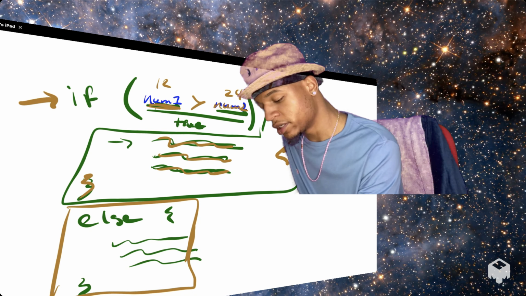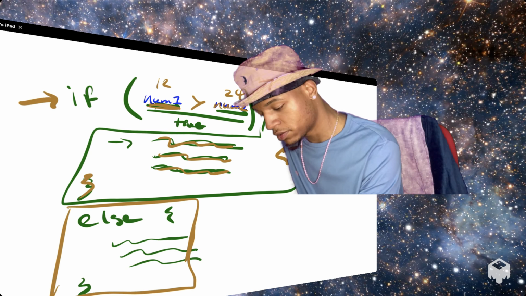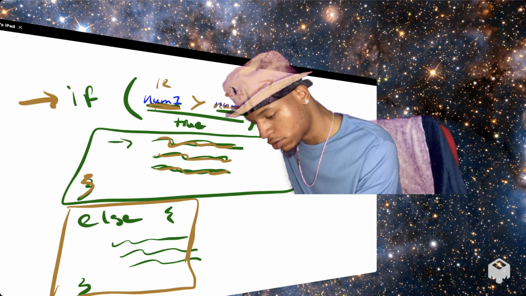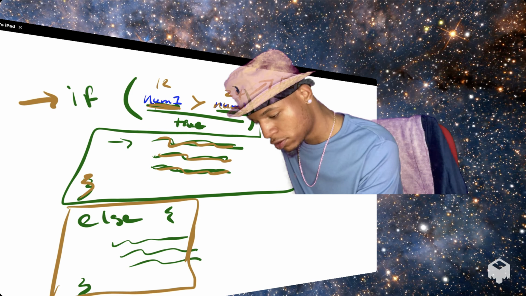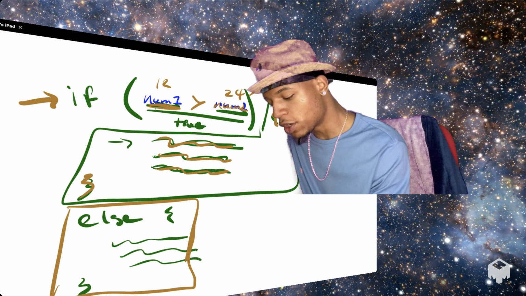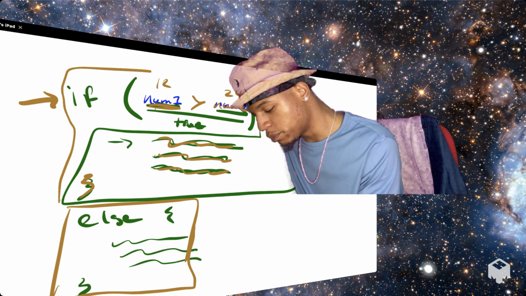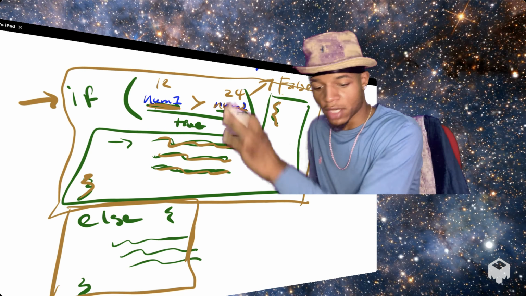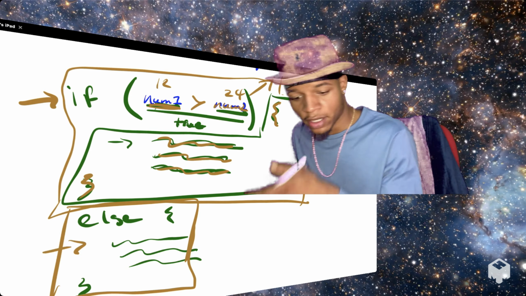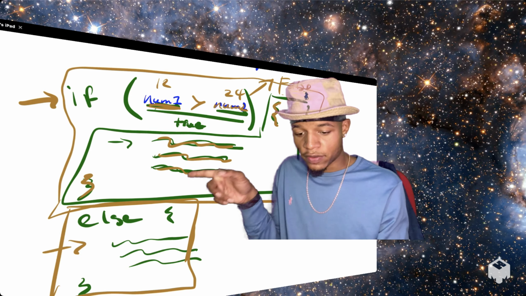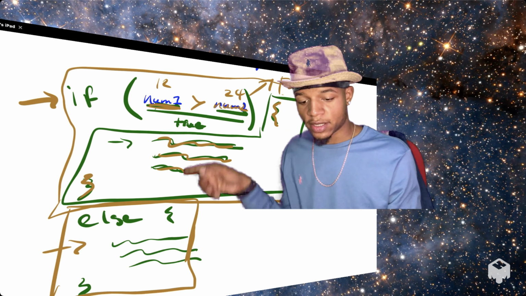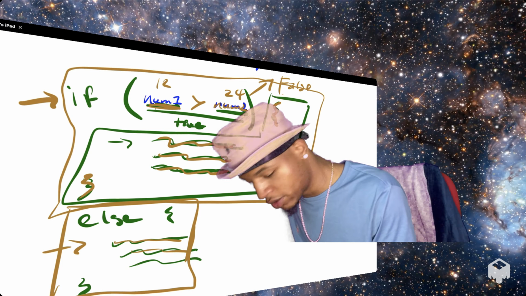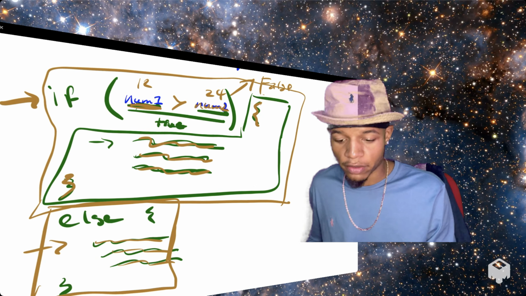This obviously results in false, and therefore this if block gets skipped, and what gets run is this else statement right here. All the code in between the else statement runs.